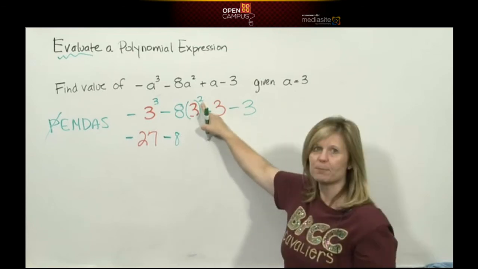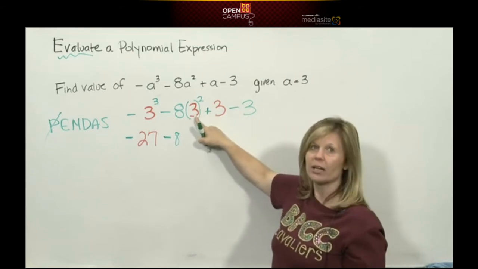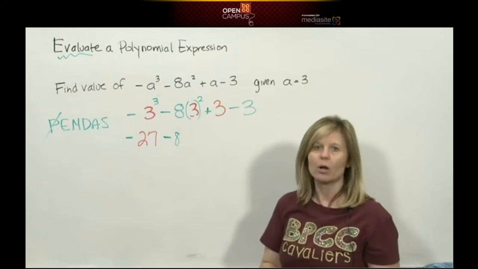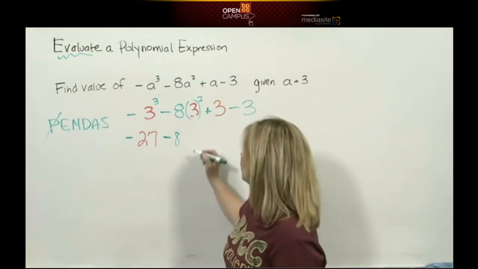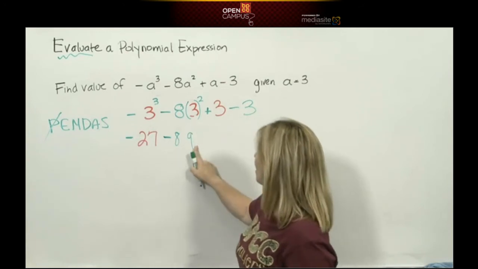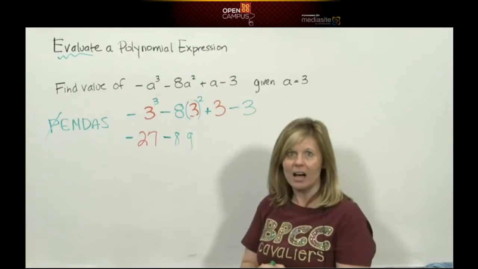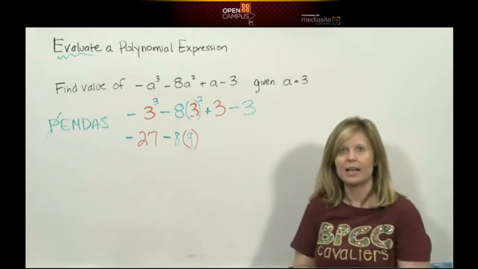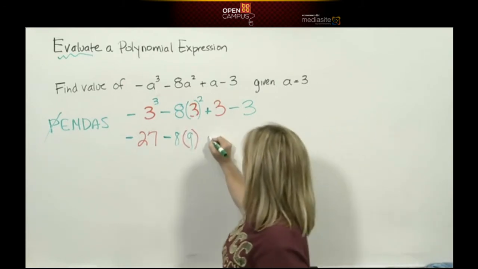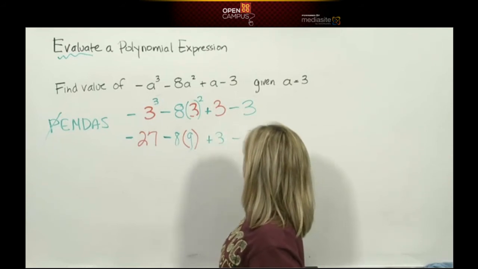Up, here's another exponent. It belongs to this 3. So now we're going to work 3 squared. What is 3 squared? Well, that's 3 times 3, which is 9. Now, if I write it like that, that looks like 89. That is why I'm going to put this in parentheses to show it's still connected by multiplication. And I'll bring everything else down, plus 3, minus 3.